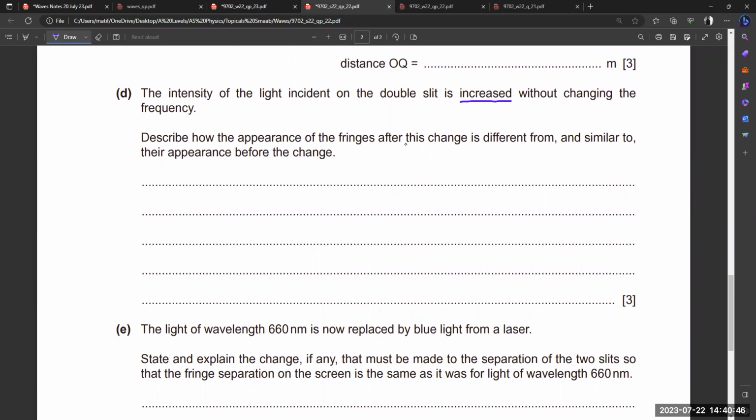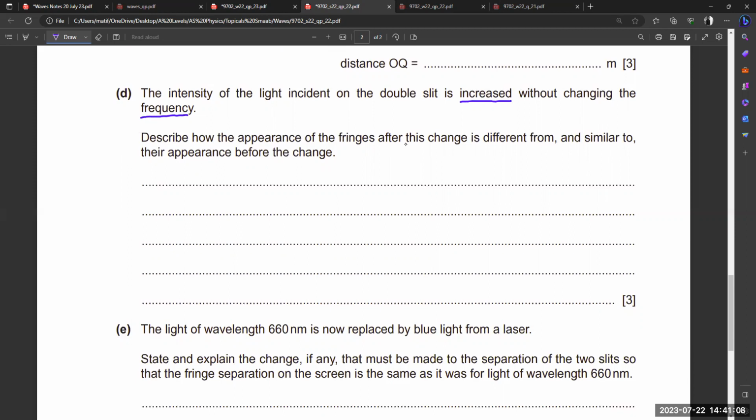Okay. Part three: the intensity of the light incident on the double slit is increased without changing the frequency. So we are not going to change the frequency. The intensity is increased by some factor. Describe how the appearance of the fringes after this change is different from and similar to their appearance before the change. Actually, we are not going to change the frequency, right?